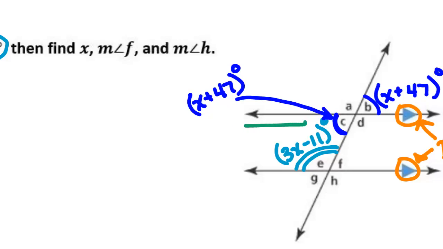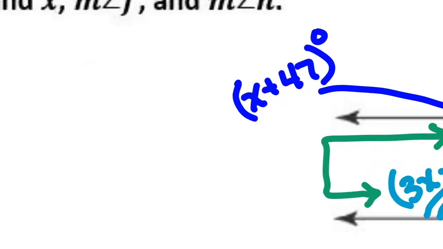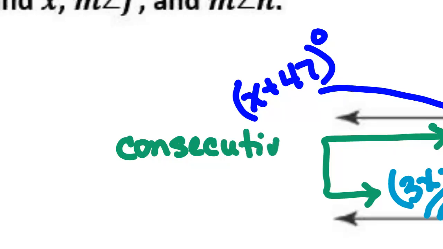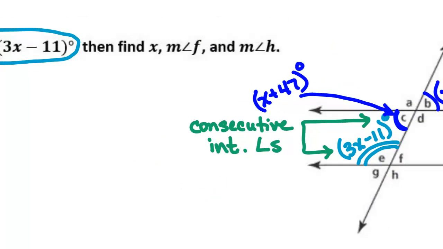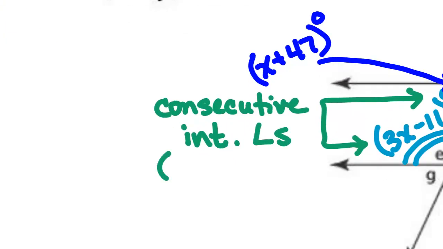Yes. What do we call these two angles? Consecutive. Interior or exterior? Interior. Consecutive interior angles. And what is the relationship for both of the consecutives? Consecutive interior or consecutive exterior has the same relationship. They're supplementary, yes.